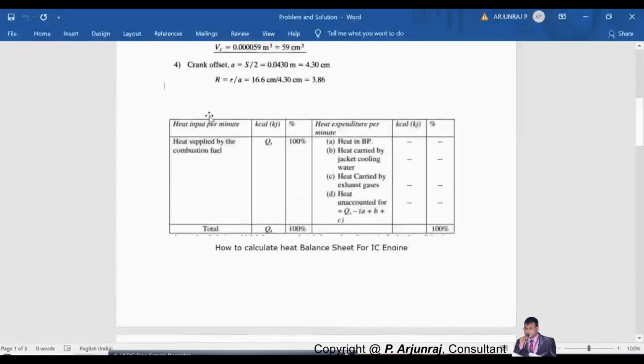Similarly here, you need to match the 100% of the heat supplied by the combustion fuel into the different percentages shared in the form of different heat. Heat can be lost in the form of brake power, or it can be lost by the exhaust gas or any unaccounted loss. So you need to divide it accordingly.